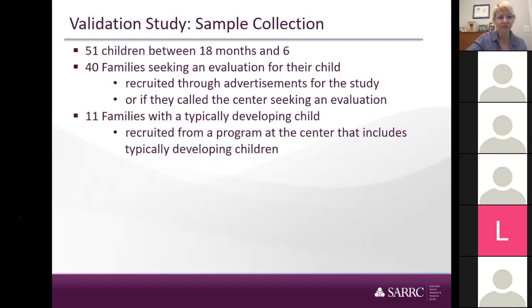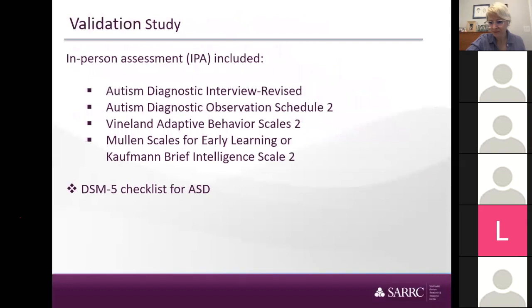We recruited 51 children between the ages of 18 months and 6 years, 11 months. 40 of them were families that were seeking an evaluation for autism for their child, or developmental evaluation. They didn't know that their child had autism yet. And then 11 families were families of a typically developing child, just to make sure that we could differentiate them through Noda as well. And every family got an in-person assessment, and they completed Noda.